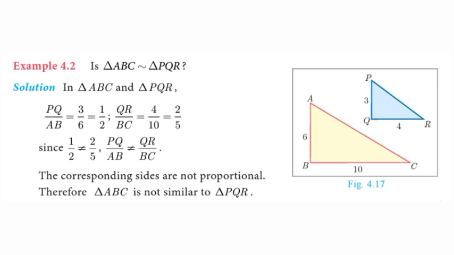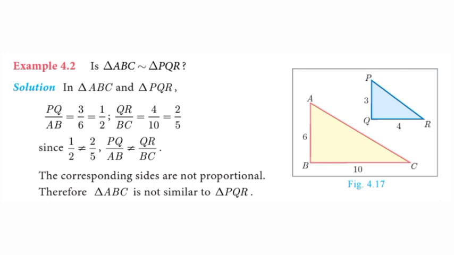Example 4.2: Is triangle ABC similar to triangle PQR? See figure 4.17. ABC is a triangle, AB value 6 and BC is 10. Triangle PQR, PQ is 3, QR is 4. Solution: we take triangle ABC and triangle PQR.